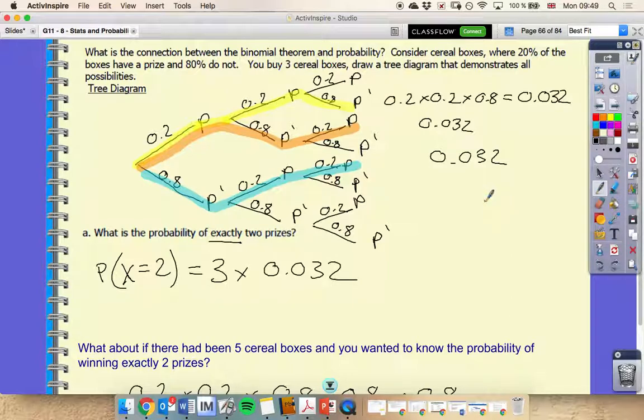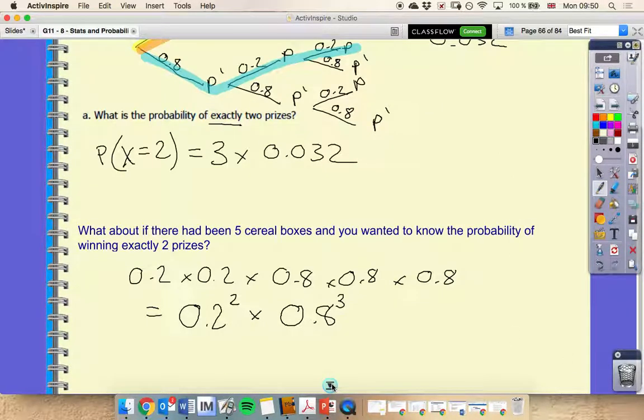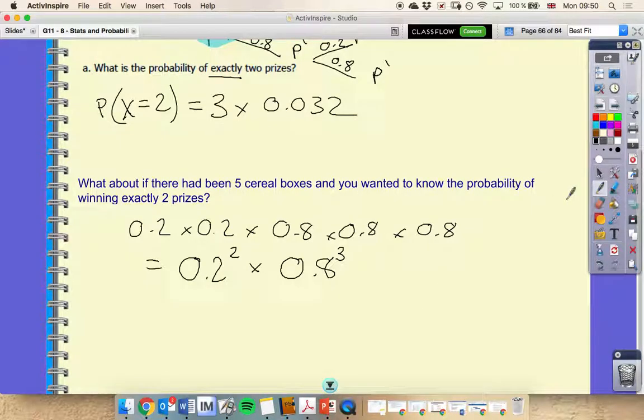It's Pascal's triangle. This whole idea of choosing objects from a group is our combinatorics, isn't it? So what we want to do is have 5 objects and choose 2 of them. And this is where we were getting the coefficient for our binomial theorem. So this will be the number of paths that lead to 2 prizes.